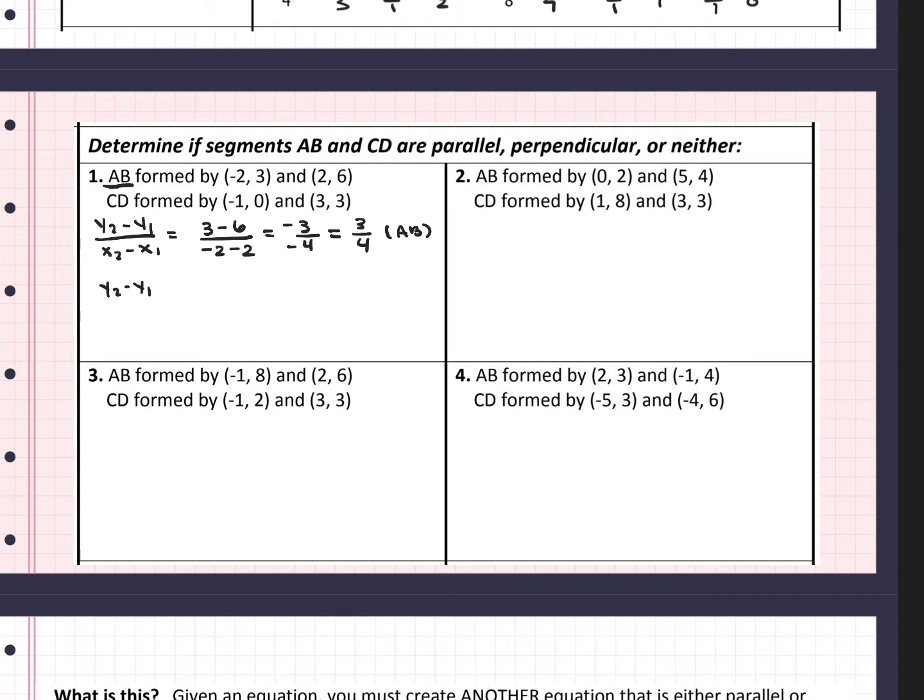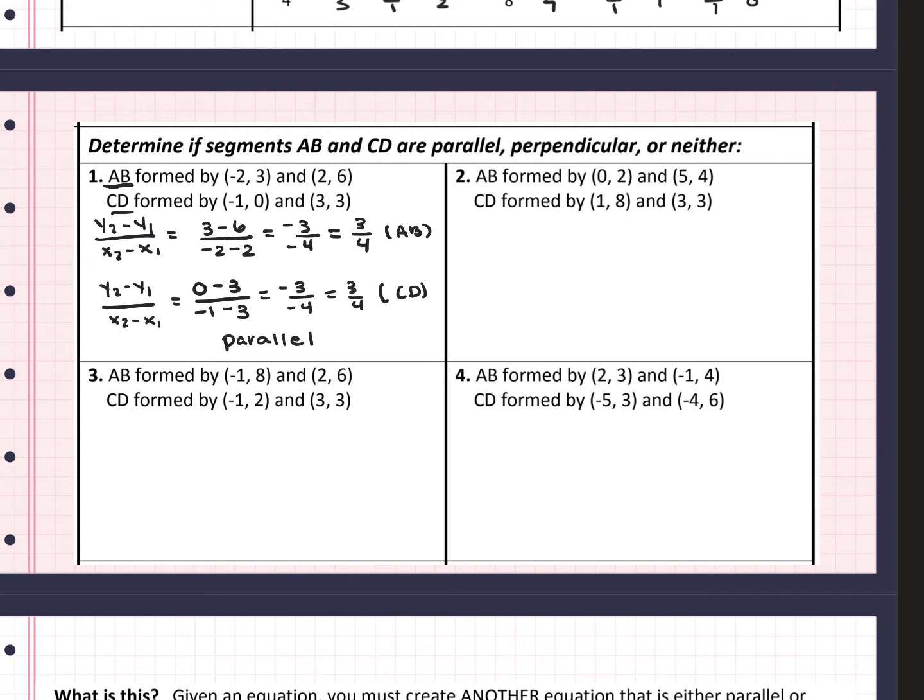Then for CD, y2 minus y1 over x2 minus x1, and we have 0 minus 3 all over -1 minus 3, which gives me -3 over -4, which is 3 over 4. So looking here at the line that's formed by points A, B, and points C, D, these lines are parallel because they have the same slope.